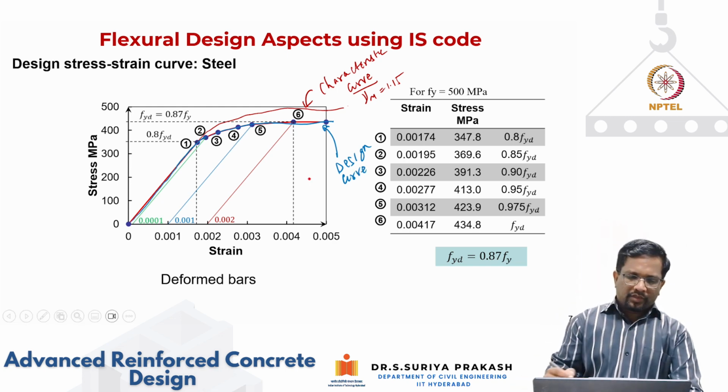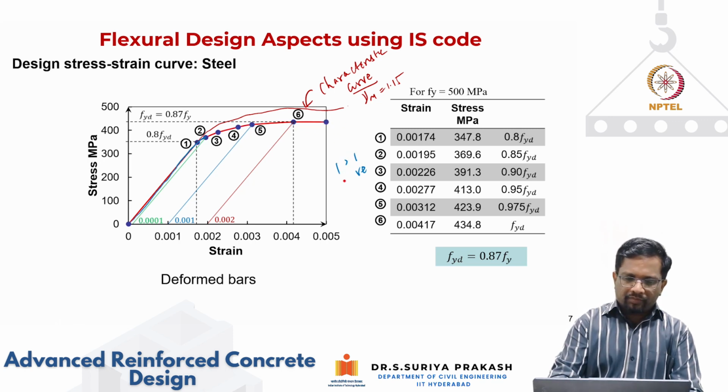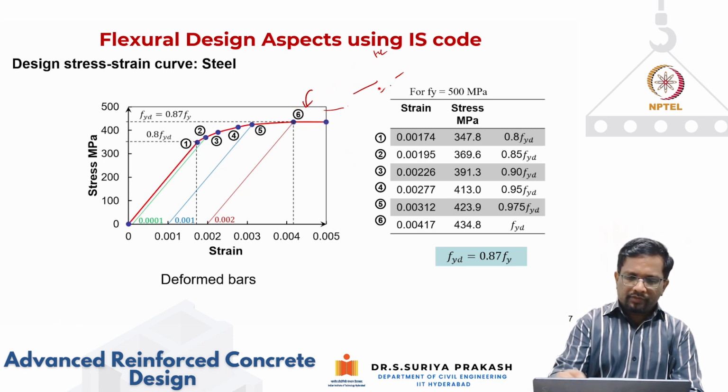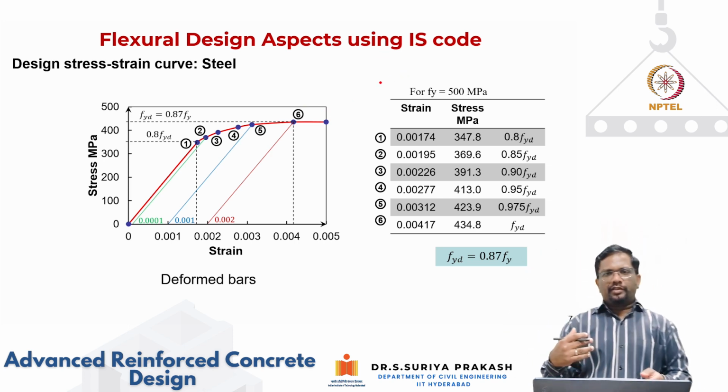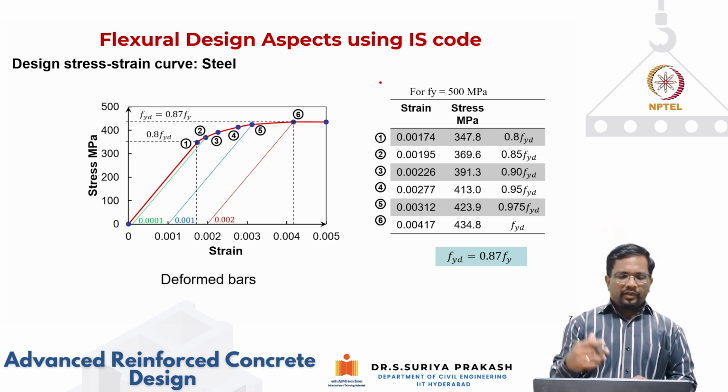So let's look at it now. Let me erase this for better clarity. So you see, you have the characteristic curve. Again, the characteristic curve is divided by the partial safety factor for steel.